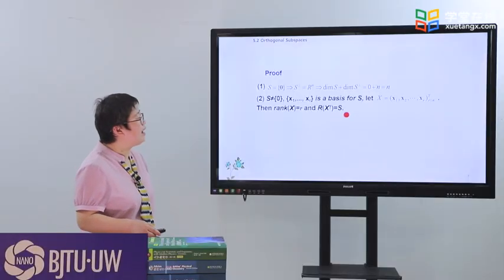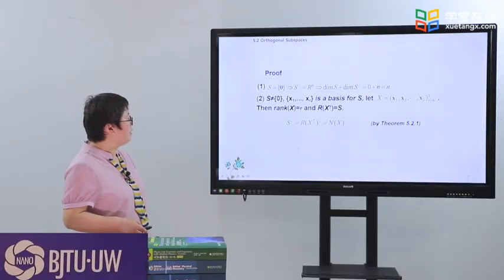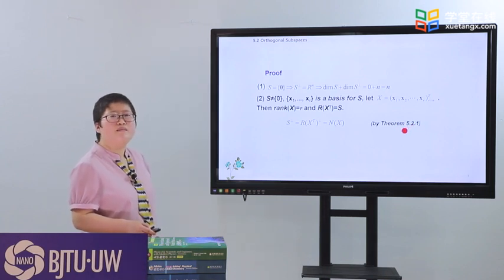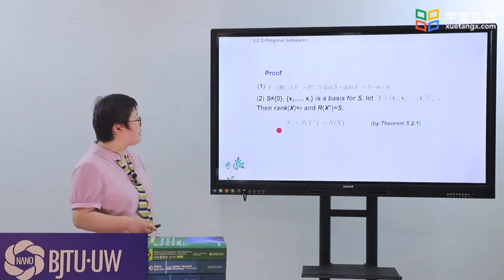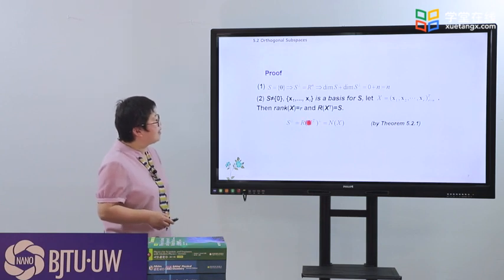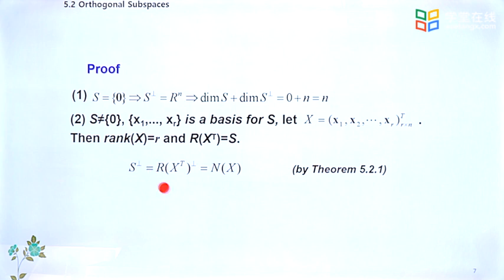So it is just S. And then by theorem 5.2.1, the fundamental subspaces theorem, we know that S orthogonal complement equals the orthogonal complement of R(X transpose), which equals the null space of X.